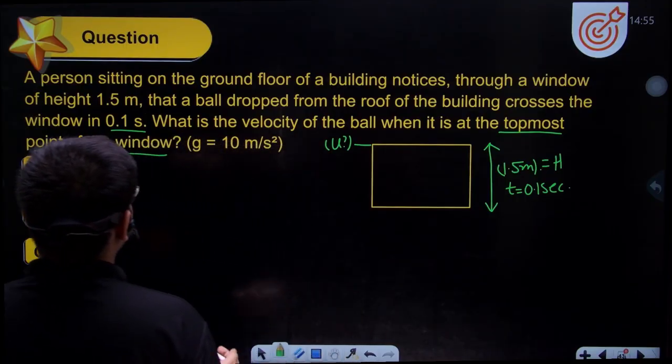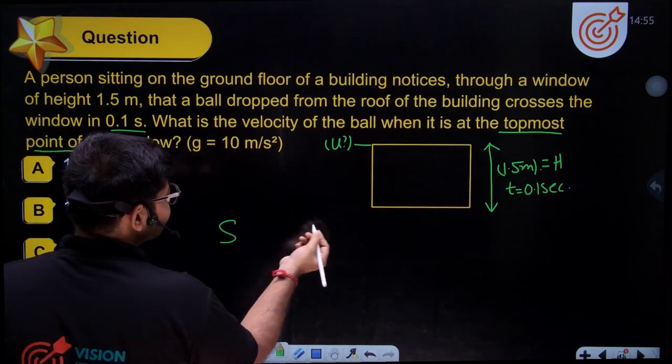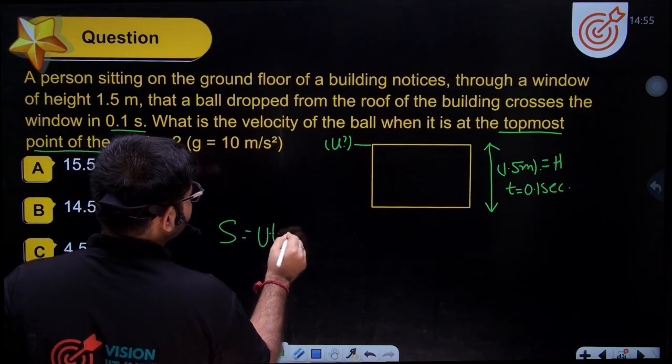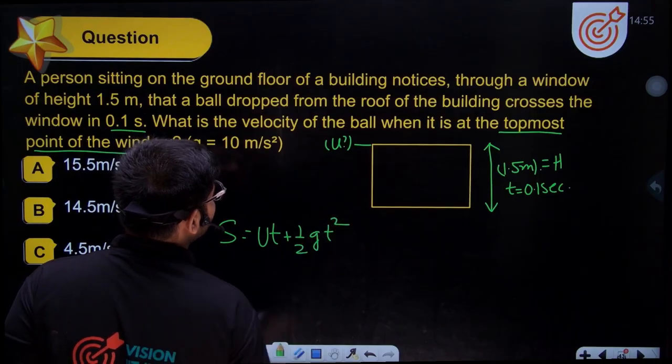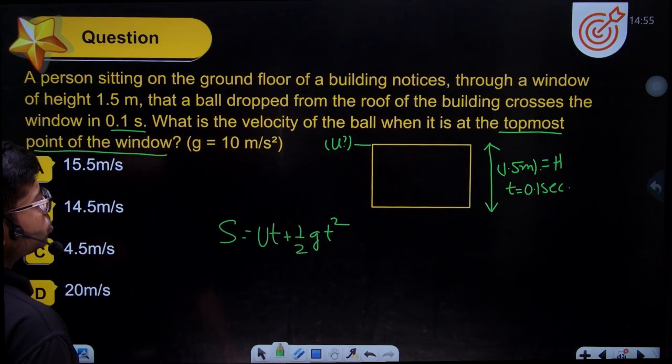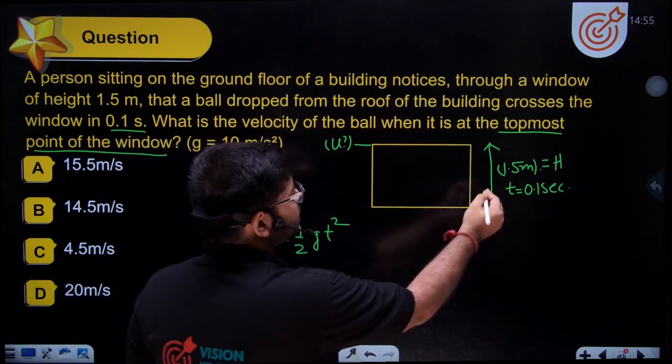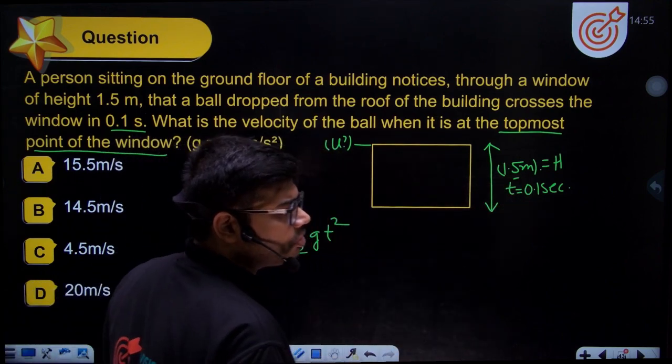So we will use s = ut + half g t square. We know s is given, and s is nothing but 1.5, which has been given to you.